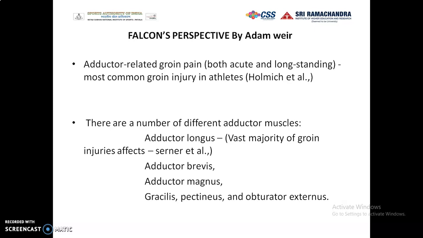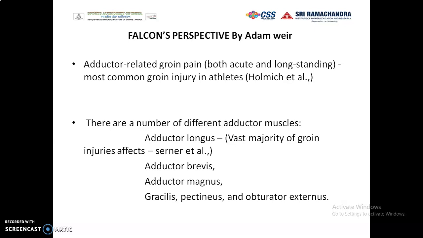Now let's discuss the Falcon's perspective by Adam Weir. The most common groin injury in athletes is adductor related. As described by the Falcon's perspective, it's very difficult because there is an abundance of causes for groin pain.